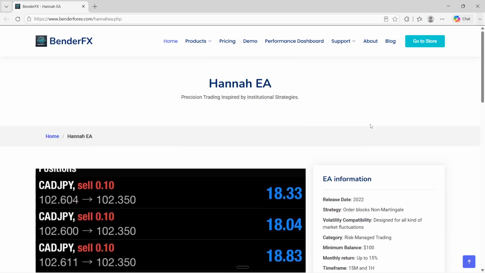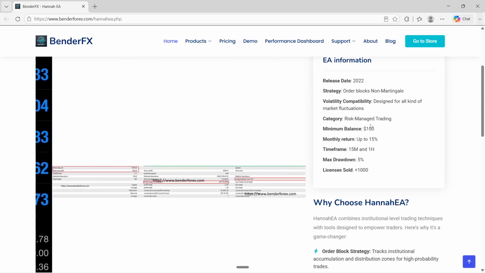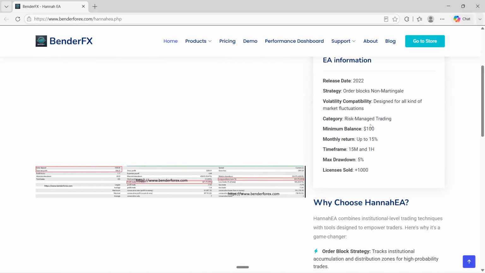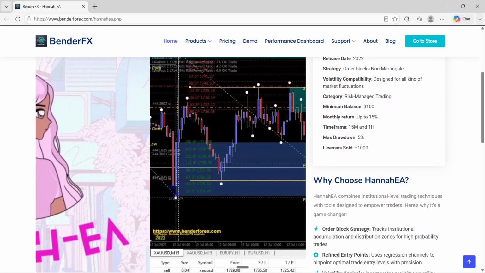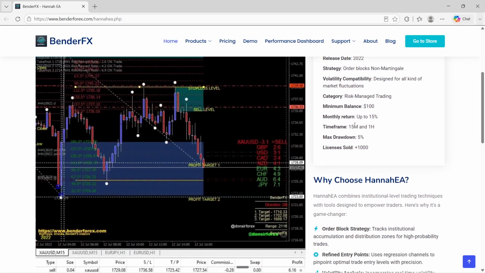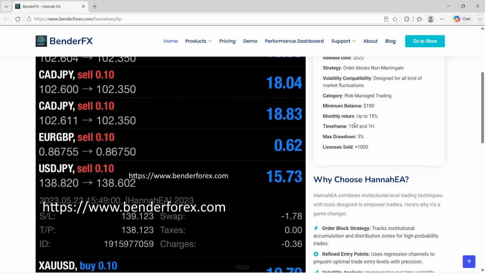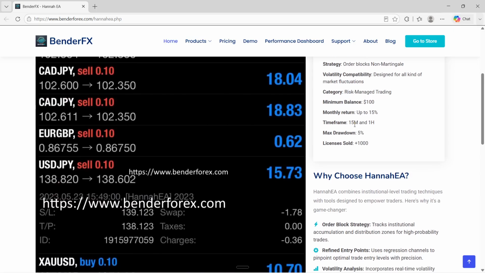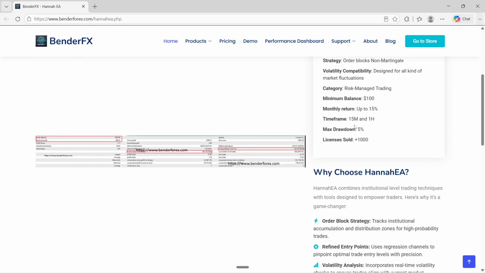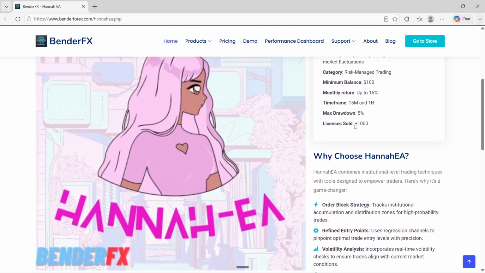The claimed low maximum drawdown of around 5% is attractive if it holds in live conditions, but real results will vary with market regimes and broker execution. Honestly, to me, the features that matter most are the order block logic, the volatility filter, conservative risk per trade, and patience for the selective nature of the system. The non-martingale design is a clear positive for risk control.